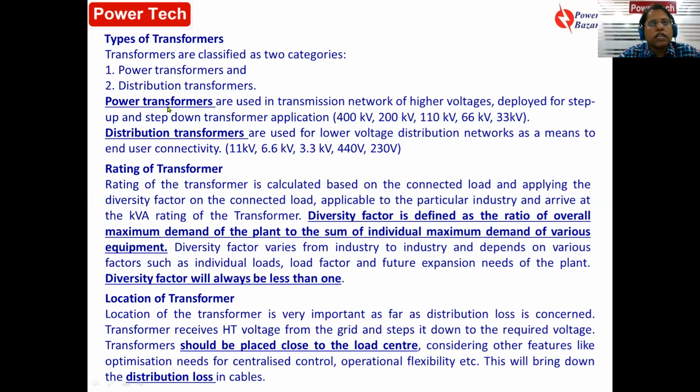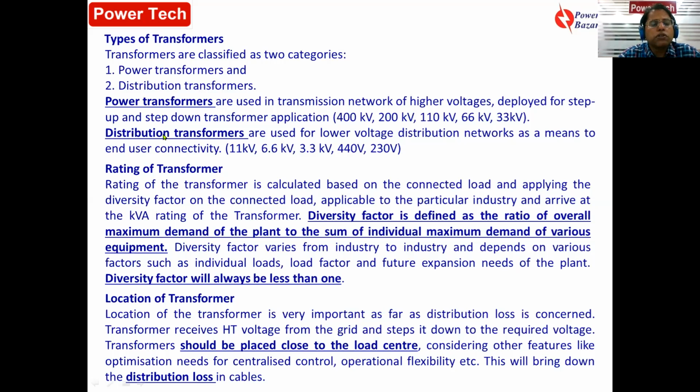That means your generator transformers, substation transformers, grid substation transformers, high voltage EHV transformers, 400 kV, 220 kV, 110 kV, 66 kV, 33 kV. At these voltages, the transformers are known as power transformers because they handle a large amount of power.